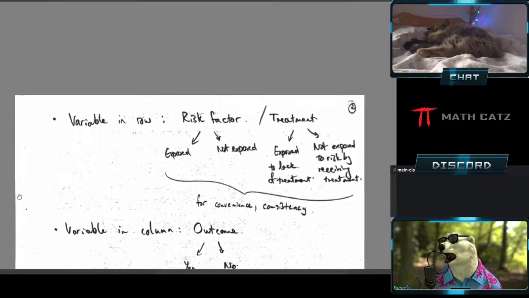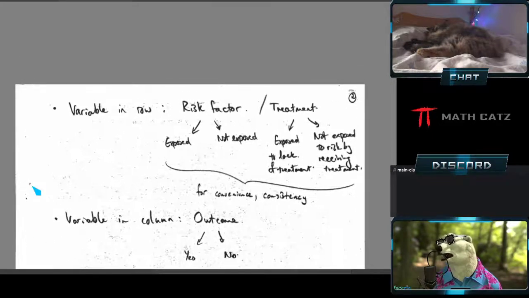And then the other variable will be our outcome variable that we're trying to assess if the risk factor slash treatment has an effect and what kind of an effect and how severe an effect on the outcome. If I think about smoking as the risk factor, I think about the outcome as being diagnosed with lung cancer, for example. And that outcome is yes, it's a positive diagnosis, or no, it's not.